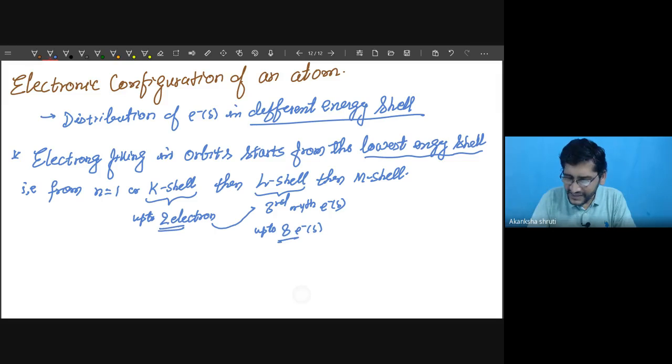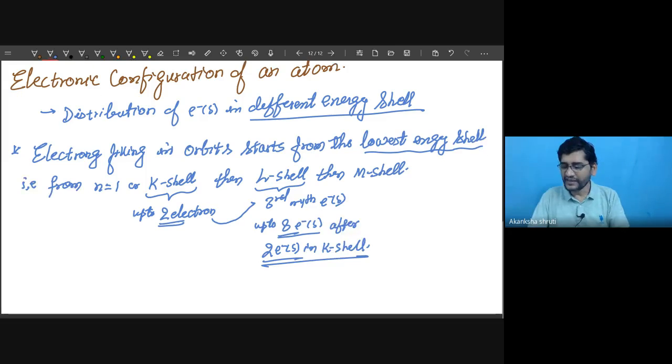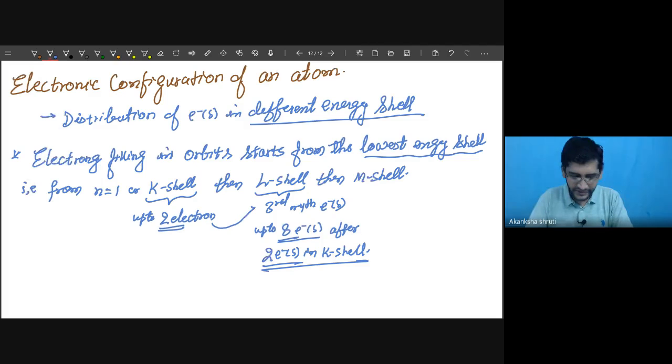So these 8 electrons are after the 2 electrons present in K shell. If 2 electrons are already present in K shell, the third electron will go in L shell. How is that? For that there is another rule, we will see.